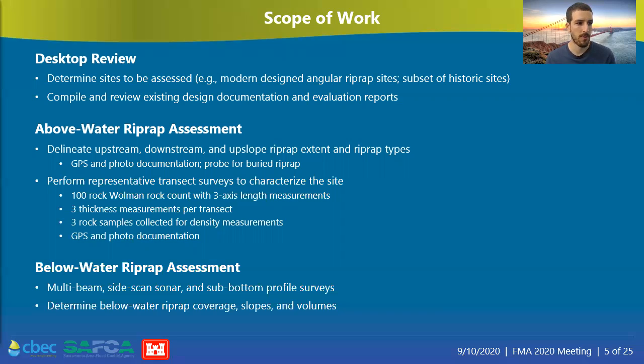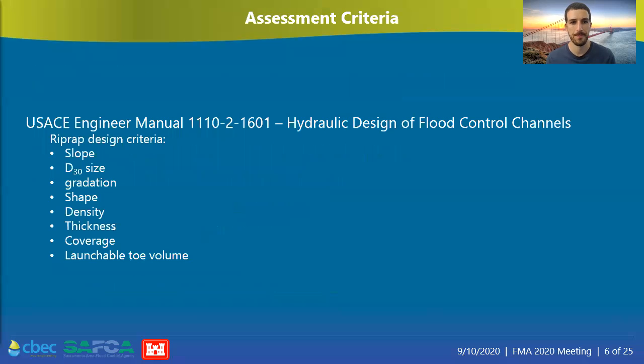Combined, those data sources allow us to determine the below water riprap coverage, slopes, and elevations, and most importantly, to assess current toe rock volumes for launchable rock adequacy checks.